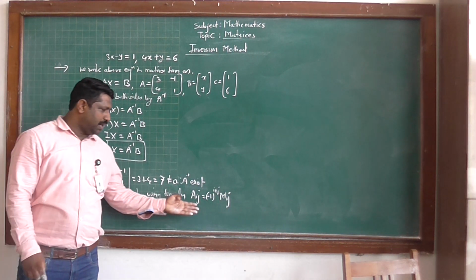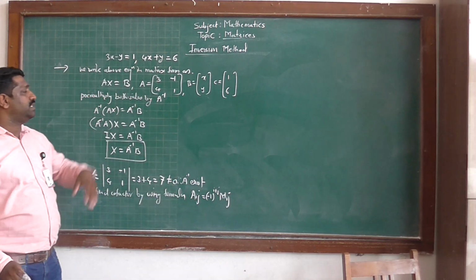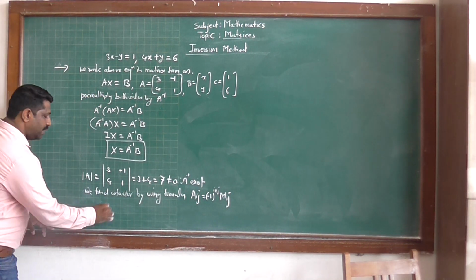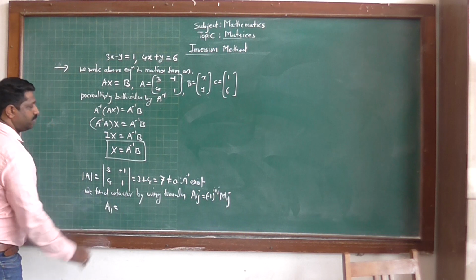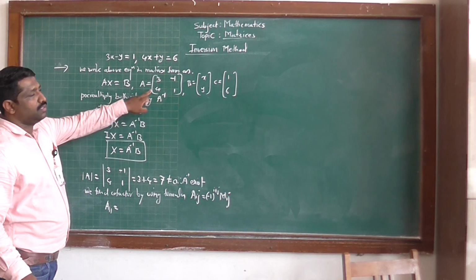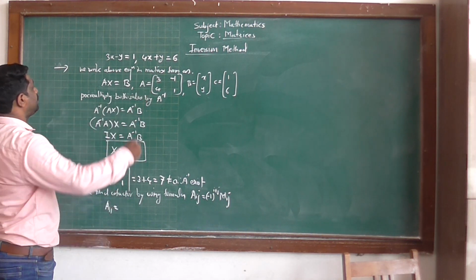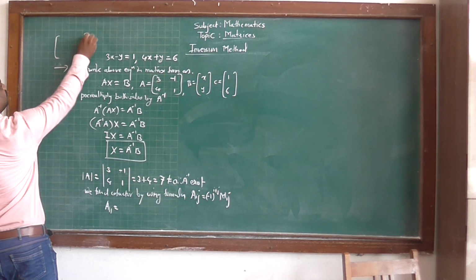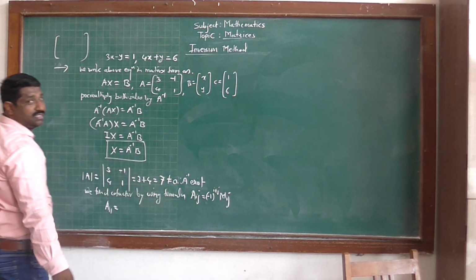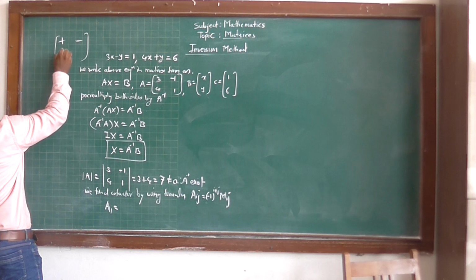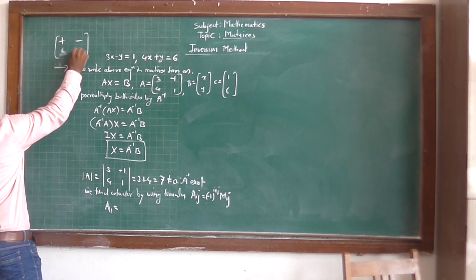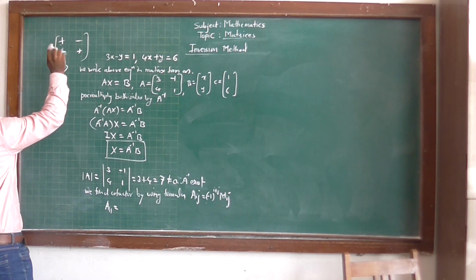We use this formula and we will find the cofactor of each element. As we have seen in the previous lecture, without using this formula we take only the signs: plus minus plus minus plus minus.